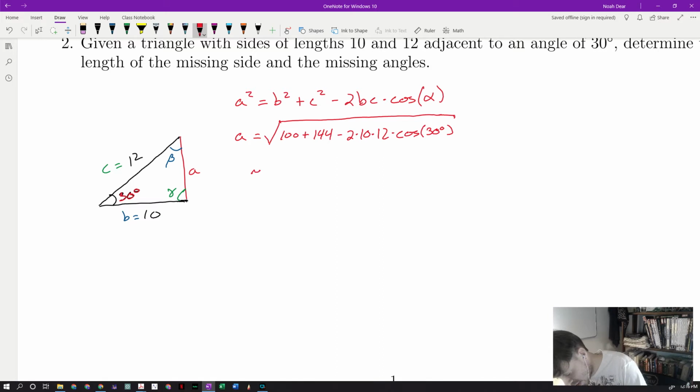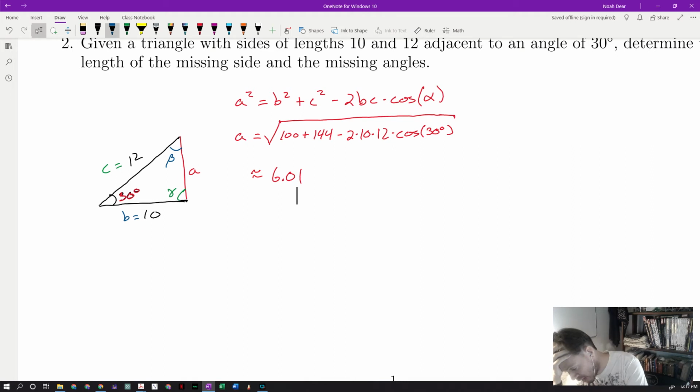And so we can just plug that into a calculator and get that A is approximately 6.01. Cool.